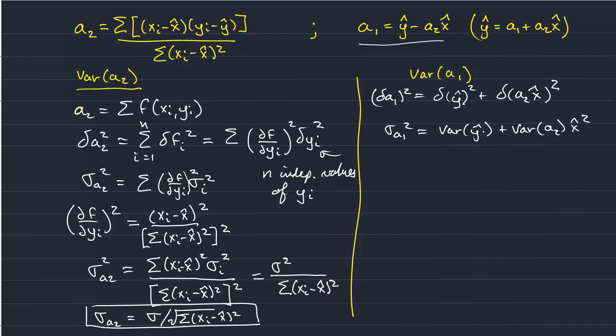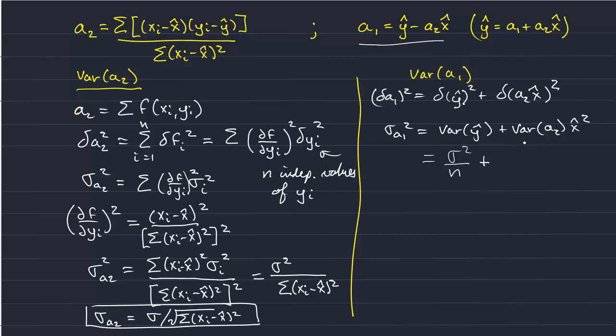The variance of that is only due to the dispersion or the variation about the true linear trend. So that variance is simply sigma squared divided by n. Recall that as we sample from a population, the variance of the mean of that sample is inversely proportional to the size of our sample. So that's 1 over n.